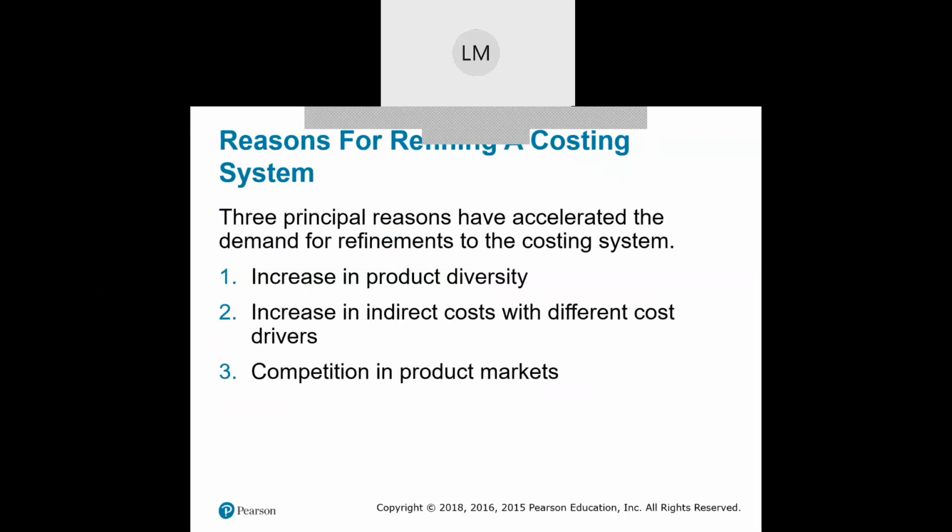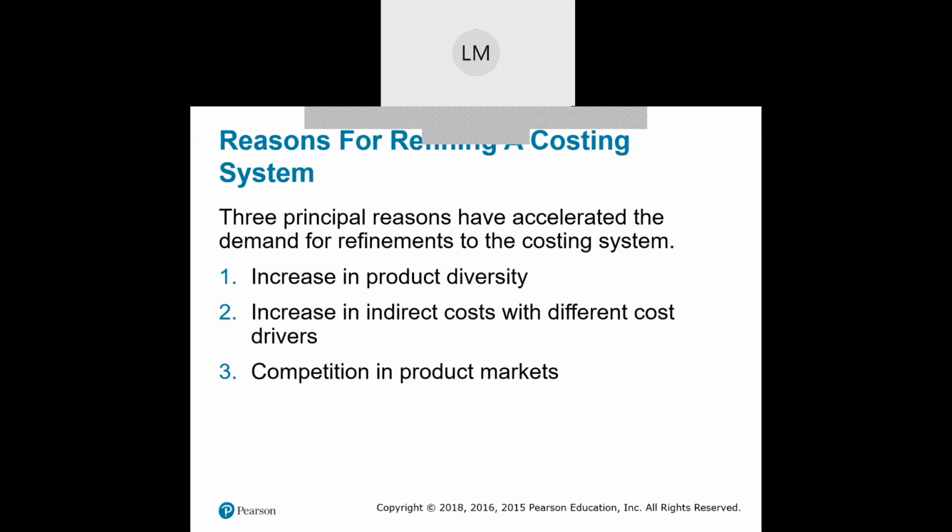When we look at process costing later on in this course, we'll touch on operation costing. Some things may not go through the same process for one client as for another. We may not need to do all the steps. And there's also an increase in indirect costs with different cost drivers. And then finally, competition in product markets.